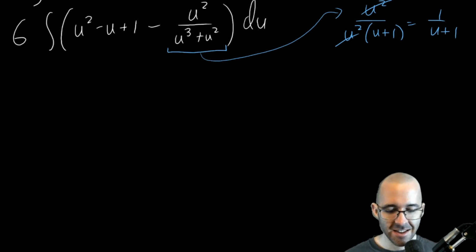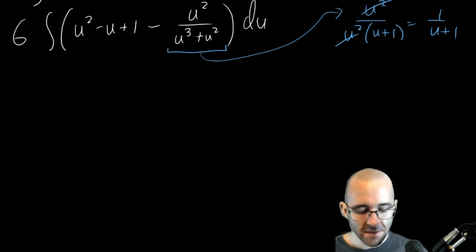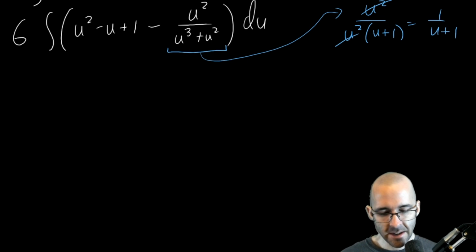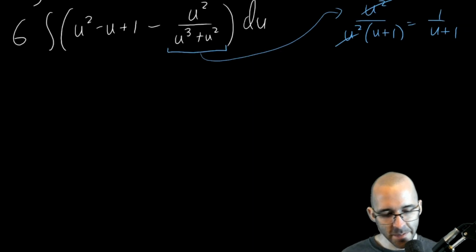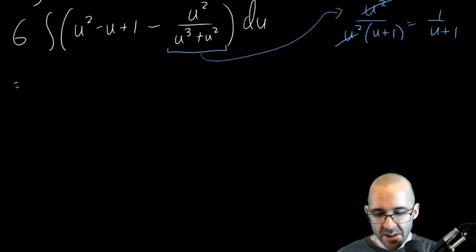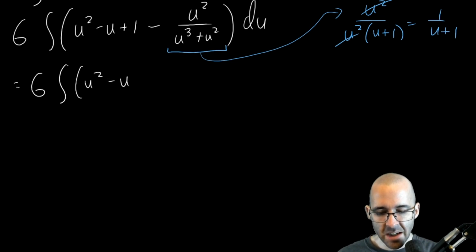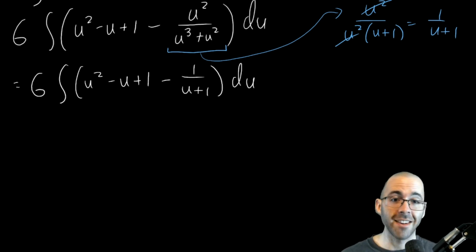Nice. Huh, did I do my long division wrong, or is that just something that happened? I don't know, but it worked out. So this is 6 times the integral of u squared minus u plus 1 minus 1 over u plus 1. No partial fractions required. Nice.